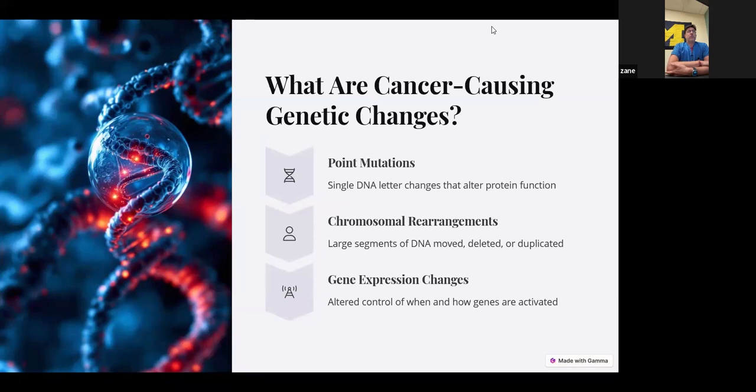Then the second type is a chromosome problem, where a large chunk of DNA is either moved to another chromosome, or it is deleted, or it's duplicated.